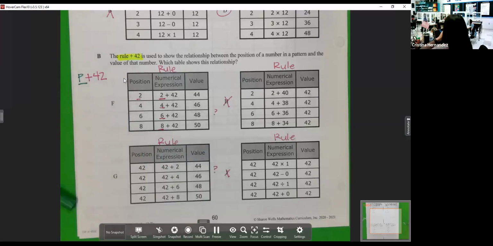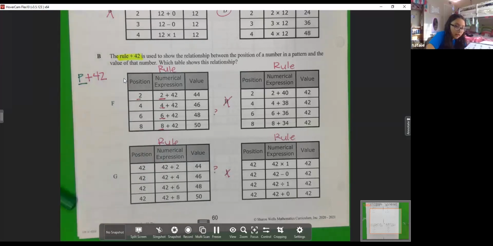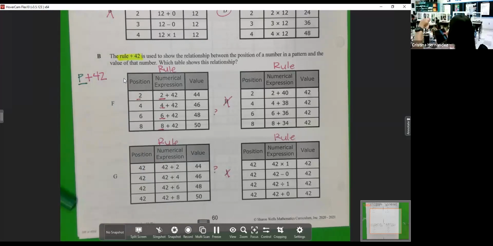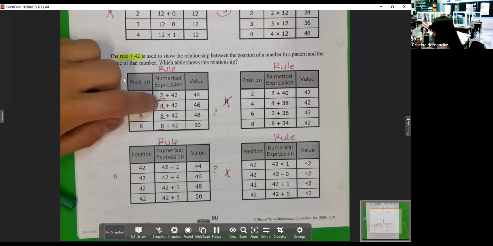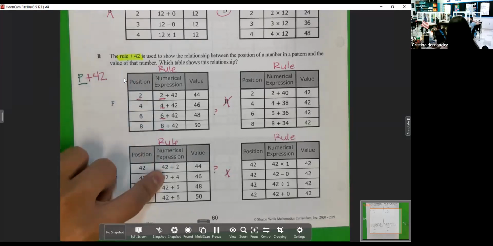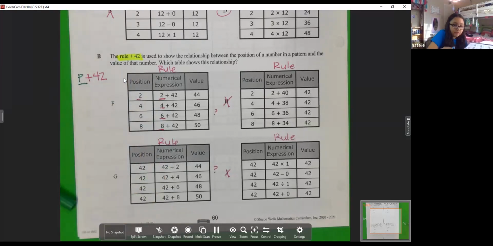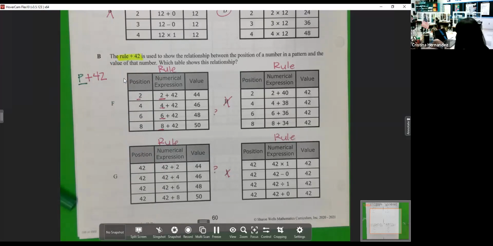So what Natalie said, you're adding something plus 42. So which one says blank plus 42? Is it F or is it G? F. Something plus 42. Which one says that? F or is it G? F. Yes, I know y'all know.